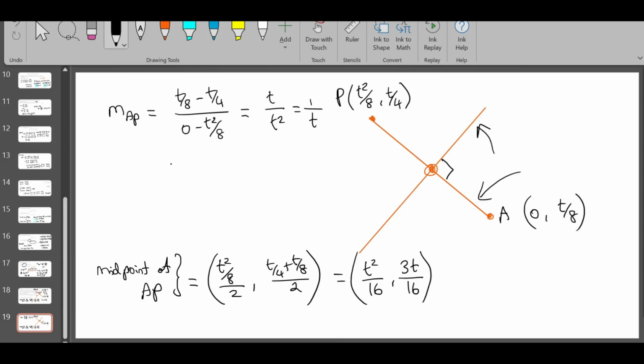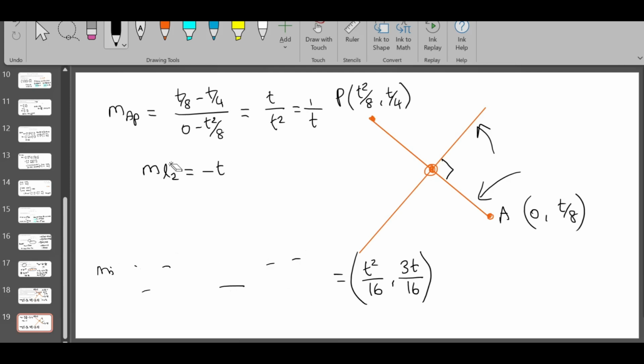So the slope of the perpendicular line, the slope of L2, will be the negative reciprocal, so minus this. And it passes through the midpoint, so we can write the equation as y minus y1 is equal to slope times x minus x1, where this is the point x1, y1, the midpoint.